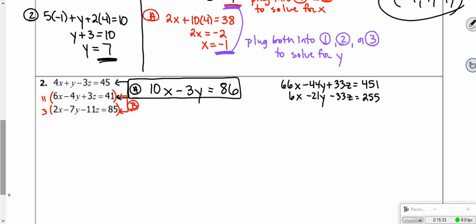Now, if I combine those together and add them up, my z's cancel, which is what I wanted to have happen. So then I am left with 72x minus 65y equals 706. Now this is my equation B.